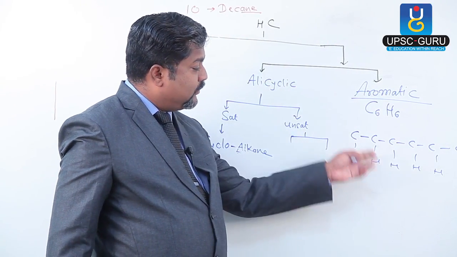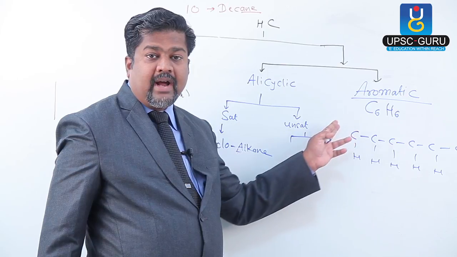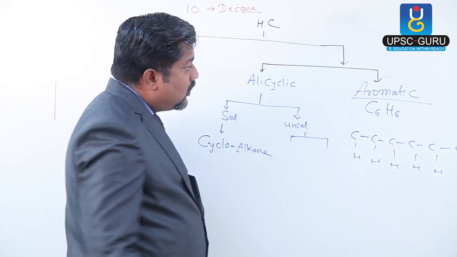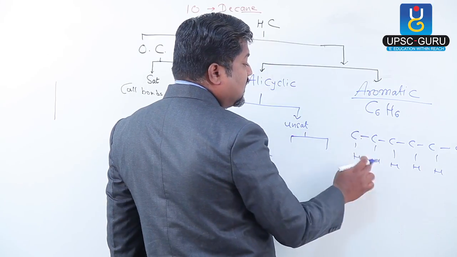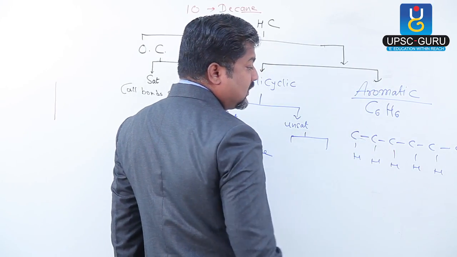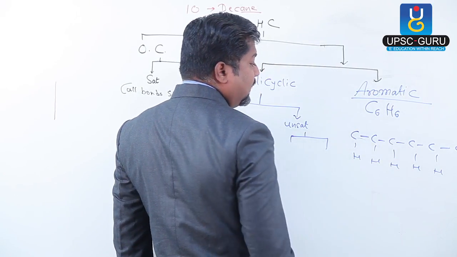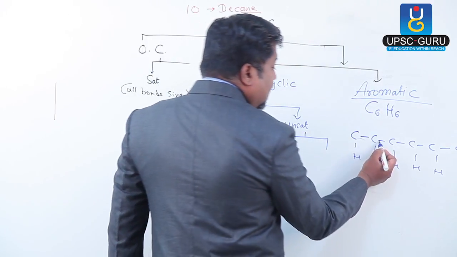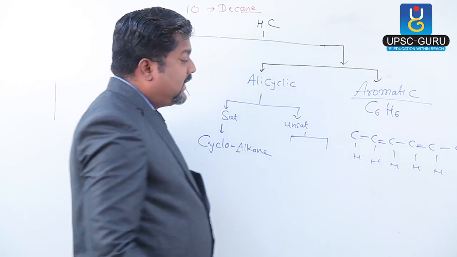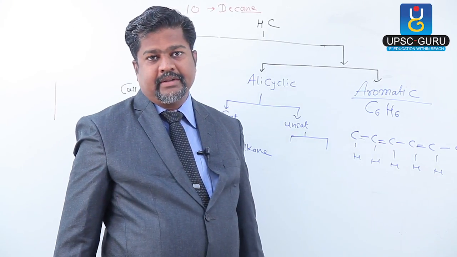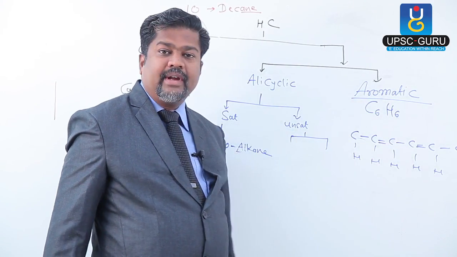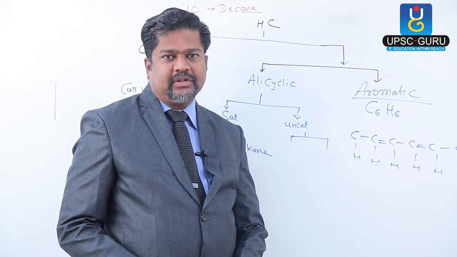Can I shift one H here? Because carbon should have 4 bonds, but here we are showing only 2 or 3 bonds for carbon. So can I add unsaturation here? But that will give me another problem: this is unsaturated, but benzene is not showing any test for unsaturation.